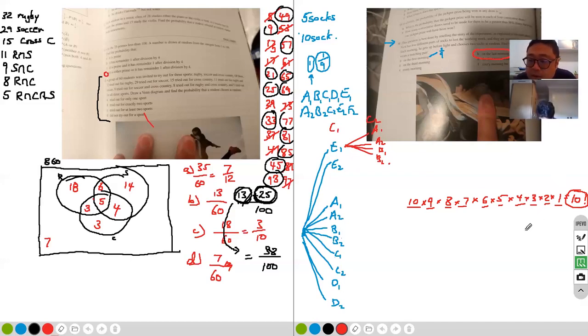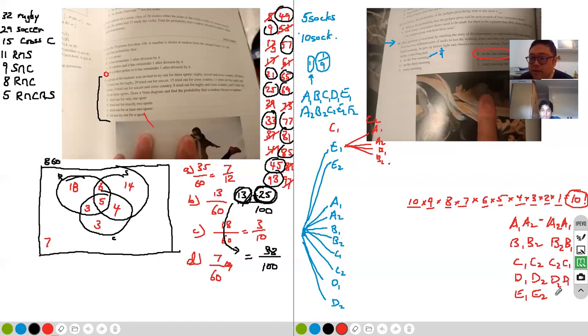You can either end with A1, A2, or B1, B2, C1, C2, D1, D2, or E1, E2, and you can also end on A2, A1, or B2, B1, C2, C1, D2, D1, E2, E1.